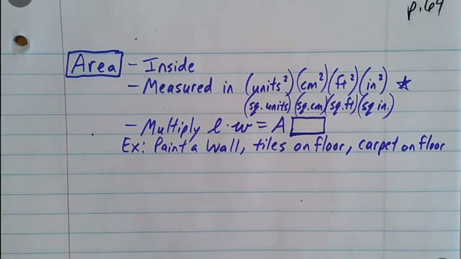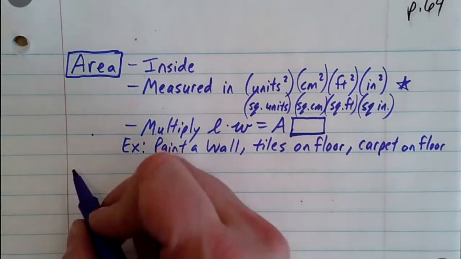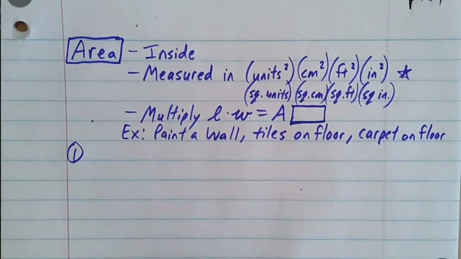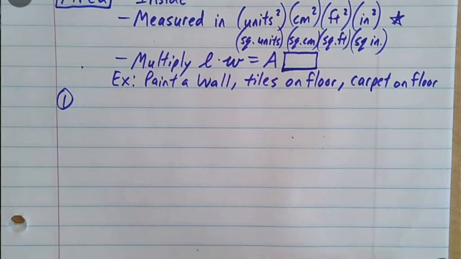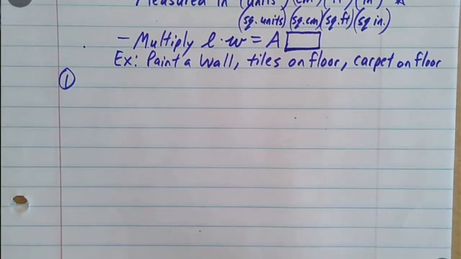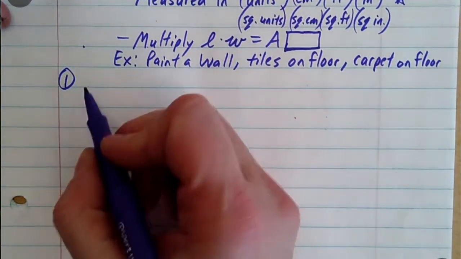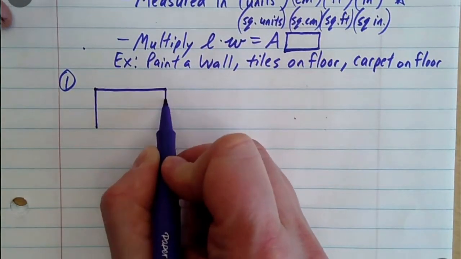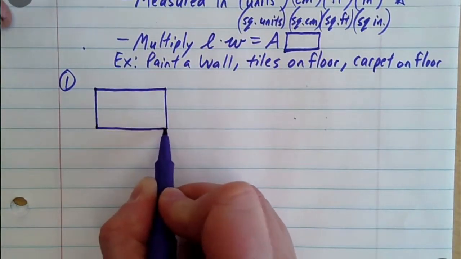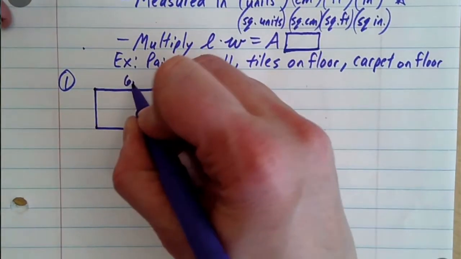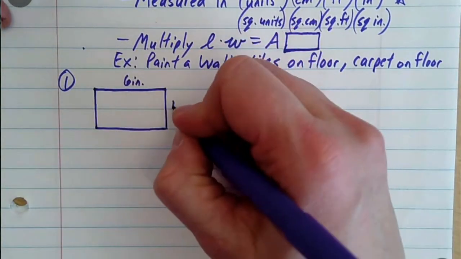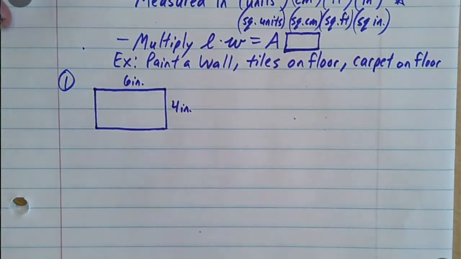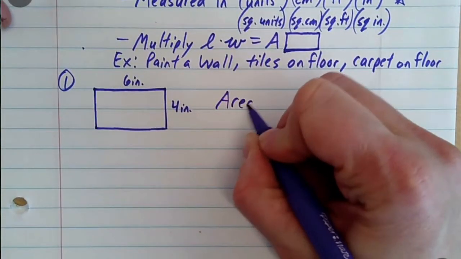So the next thing I want to get into are some examples with area. The first example, let me move this up a little bit, is I would like to draw using the blue lines here a rectangle that is 6 inches by 4 inches. And I'm asking what is the area?